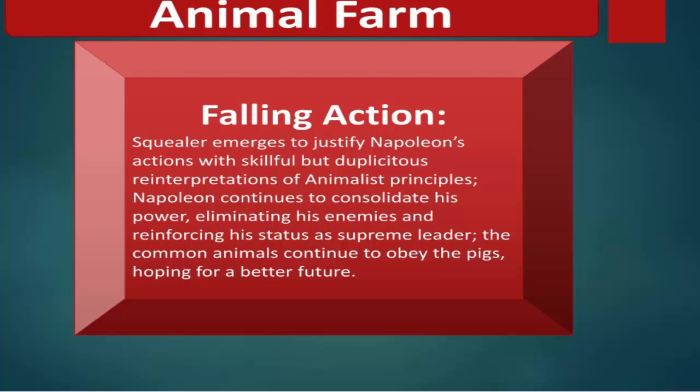Following action, Squealer emerges to justify Napoleon's actions with skillful but duplicitous reinterpretations of animalist principles. Napoleon continues to consolidate his power, eliminating his enemies and reinforcing his status as a supreme leader. The common animals continue to obey the pigs, hoping for a better future.